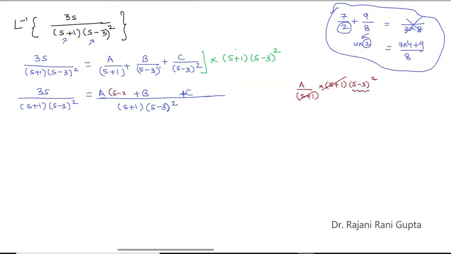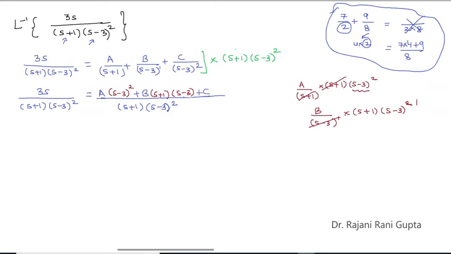So this term comes in multiplication with A. Similarly, when you multiply with B, B over s minus 3 multiplied with s plus 1 into s minus 3 power 2, this is power 1, this is power 2, this cancels, and the power becomes 1. So you are left with two terms, s plus 1 and s minus 3, and then plus.